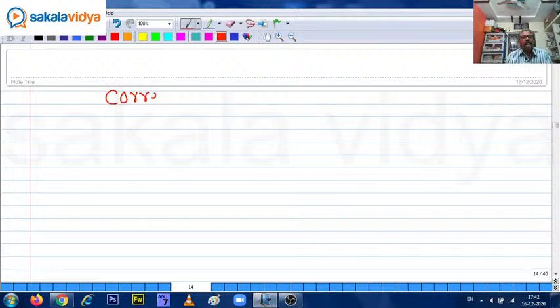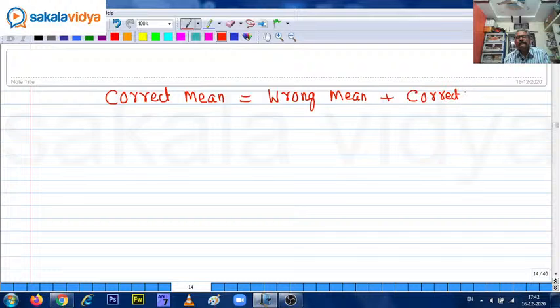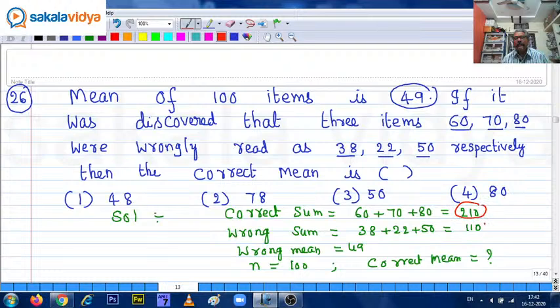Correct mean is equal to wrong mean plus (correct sum minus wrong sum) by n, the number of observations. This is also useful for EAMCET 2021. So go back. What is the wrong mean? 49 plus correct sum, correct sum is 210, wrong is 110.